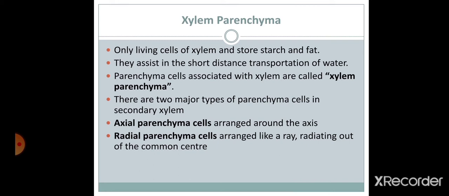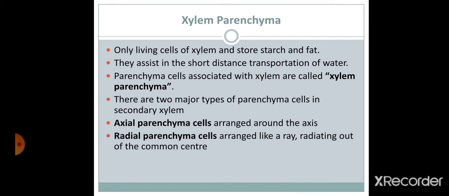They originate from the meristematic cells of the procambium of the apical meristem. In secondary xylem, they occur in two forms. Axial parenchyma is derived from the fusiform initials of the vascular cambium. The second one is ray parenchyma, which is formed from the ray initials of the vascular cambium.